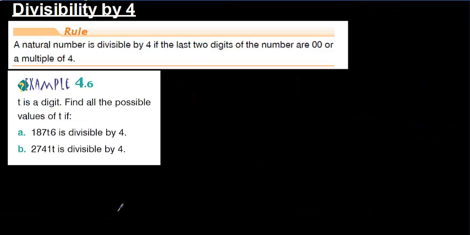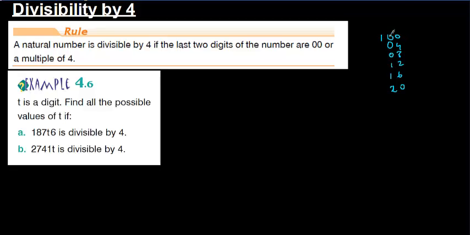Okay, let's continue with divisibility by 4. Here the last 2 digits are 00, or a multiple of 4: 00, 04, 08, or 12, or 16, and it continues with 20. If the number ends with these, then it's divisible.